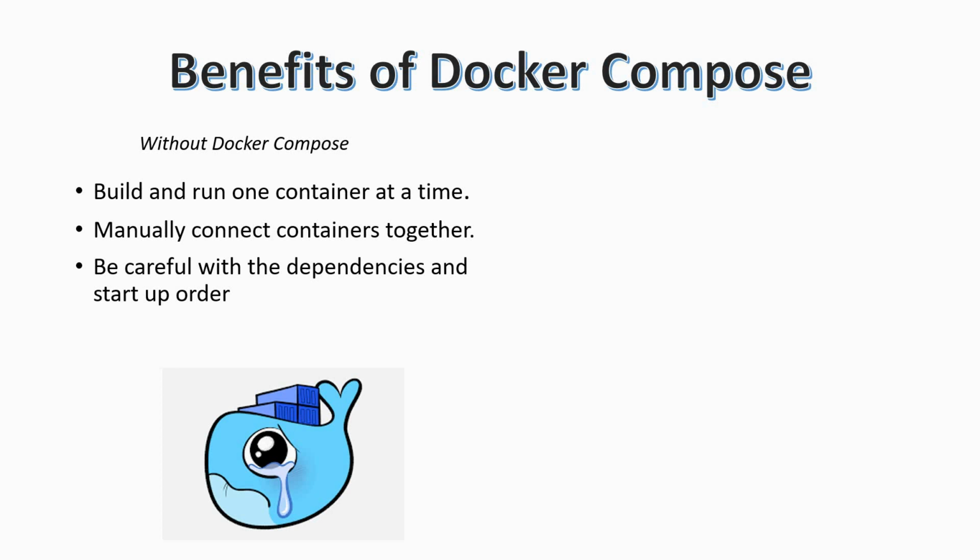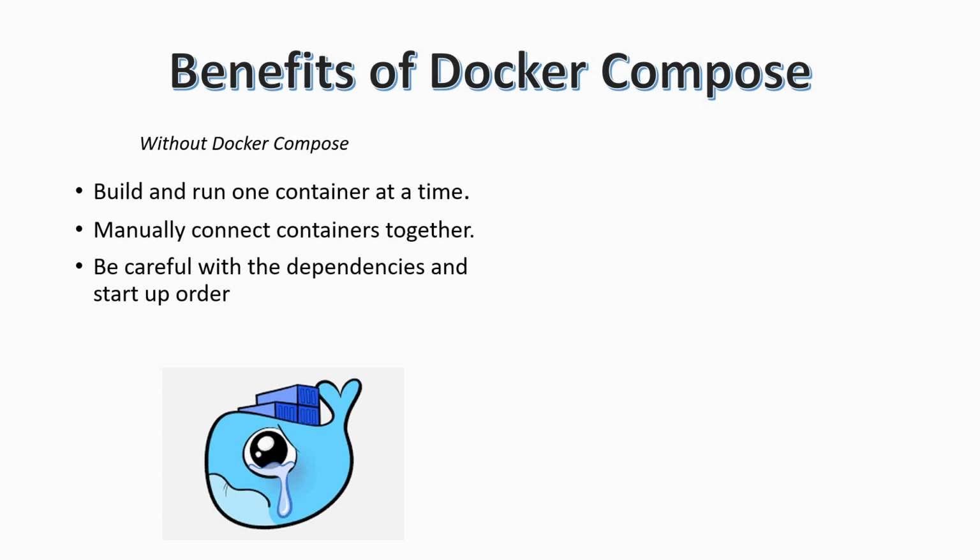If we want to build or run a container, we have docker run commands, long docker run commands and multiple of them. Similarly, if we want to create networks, we have multiple docker network creation commands. So it is very possible to have human error while executing those commands.